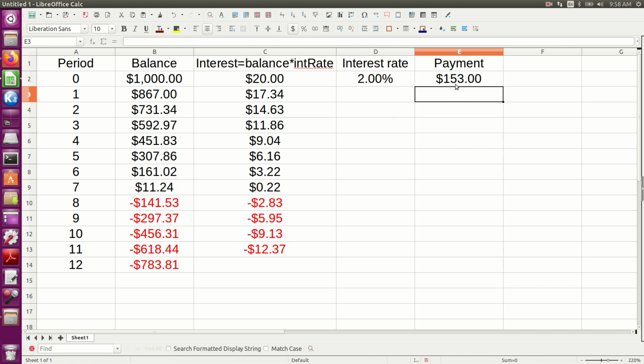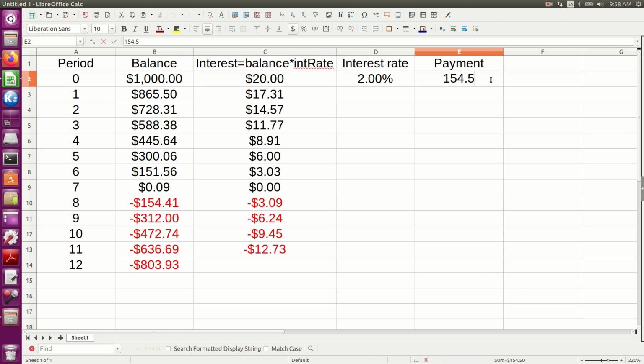No, that wasn't enough. 154. That wasn't enough. So 155, but it could be 154.50. Ooh, 9 cents. So I'm really close. I need to take it up by a penny, I bet.